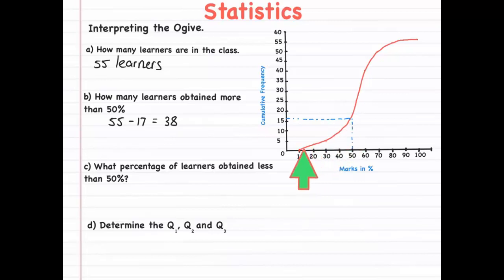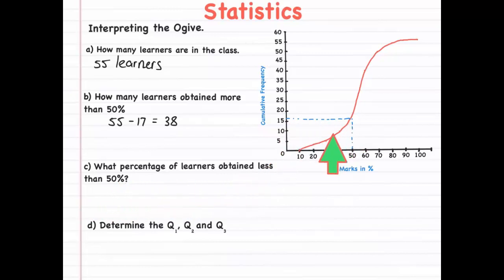So there's 17 learners who got below 50, and everything from there on is more than 50. So that means that if 17 learners got below 50, then 38 got above 50, and that's where our 55 learners also come from.